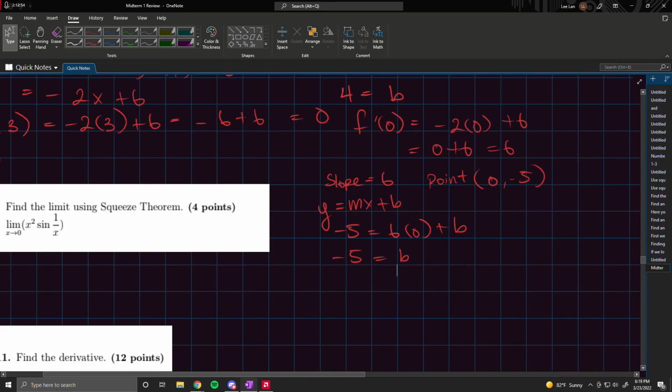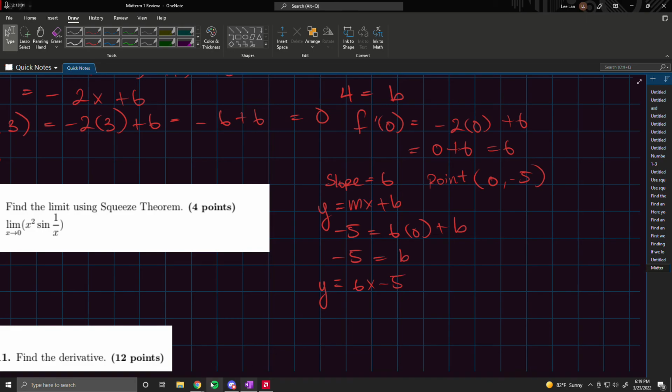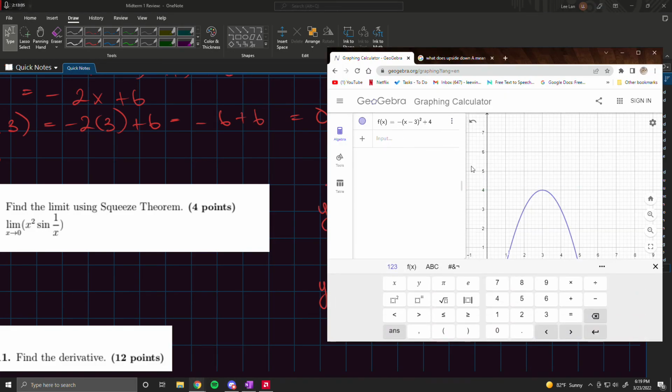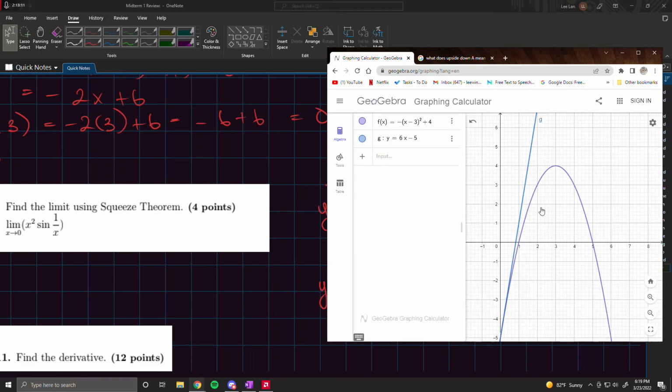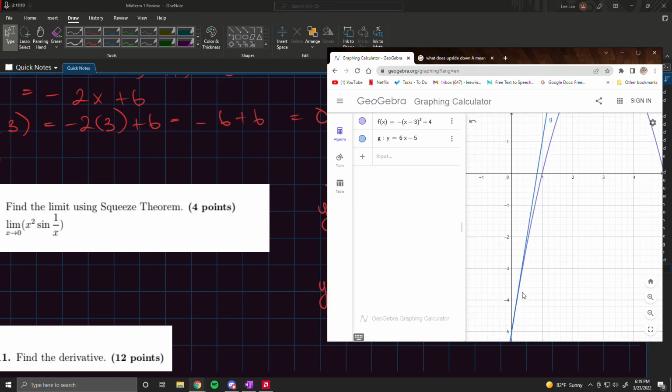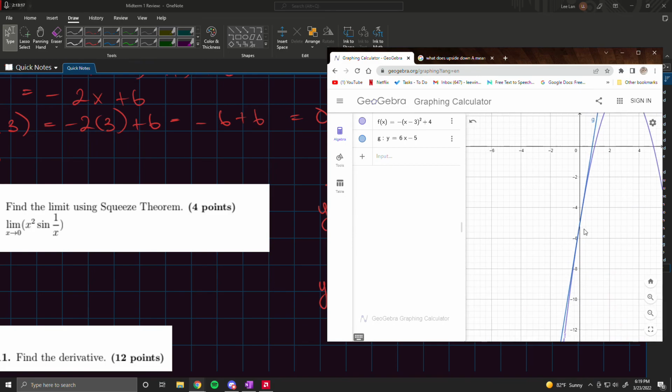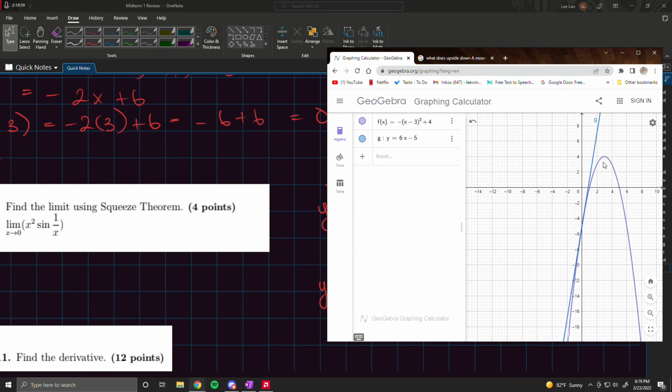Then y equals 6x minus 5. And let's see if that's true. So at 0, looks good to me, right? Yeah, looks good to me.